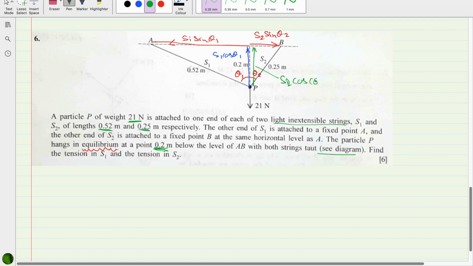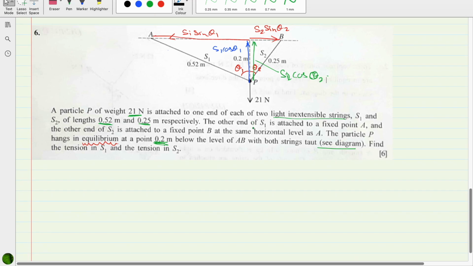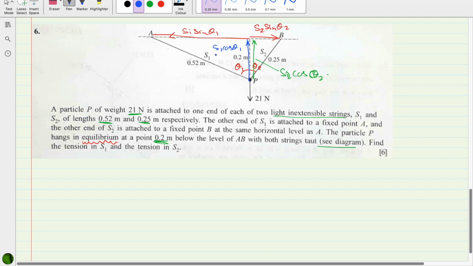Before we write the forces, I'm just picking up a few values. If I look at this triangle, I know that this length is 0.52 and this length is 0.2, and using Pythagoras theorem, the square root of 0.52 squared minus 0.2 squared, I'm getting 0.48.